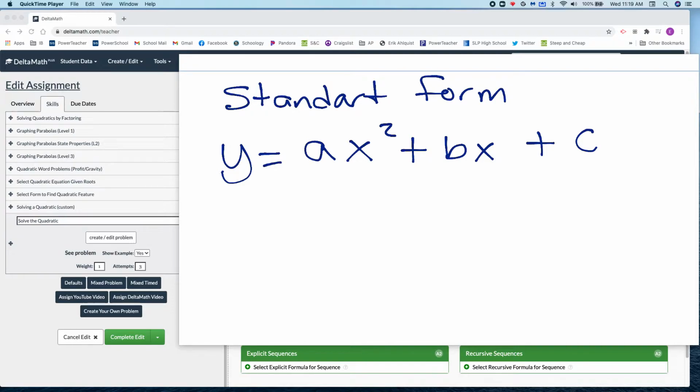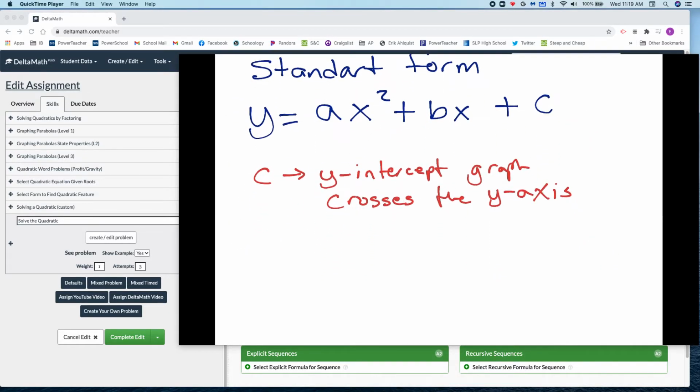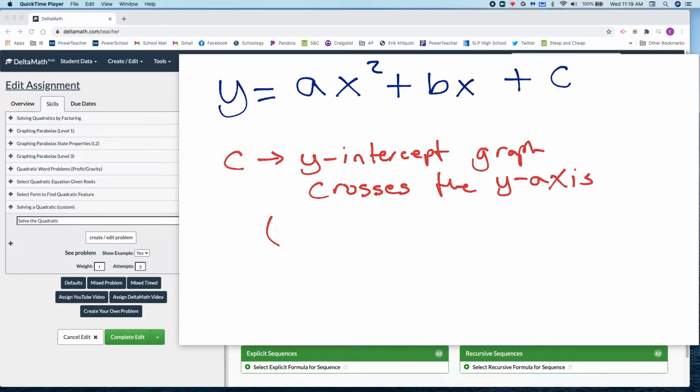So some of the main specific things you get is c is the y-intercept. It's where the graph crosses the y-axis. So when you think about it, the point (0, c) is on the graph. So know that that's on the graph.